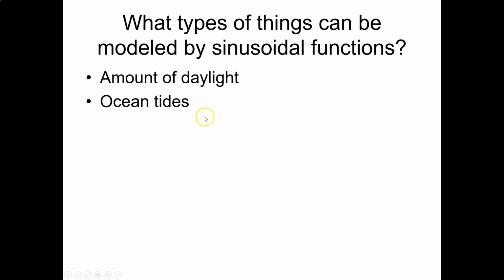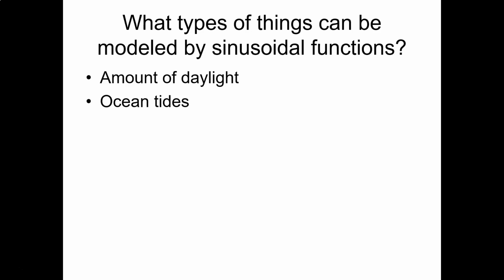I've done projects with this before, but I don't think we'll do it this time, using the data from the NOAA website where you can click on most any coastal area, and they can give you the height of the ocean tides, and you'll see that it goes up.